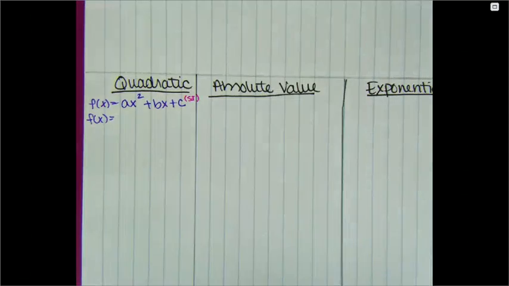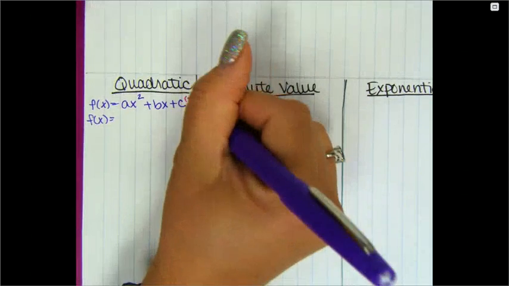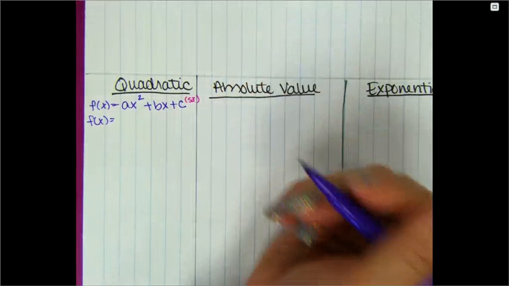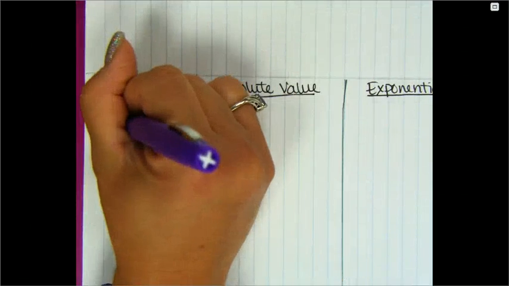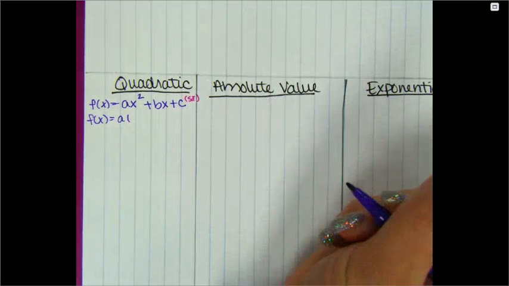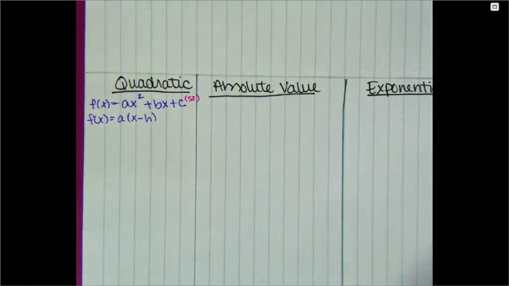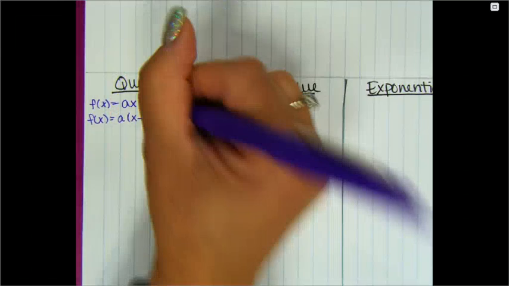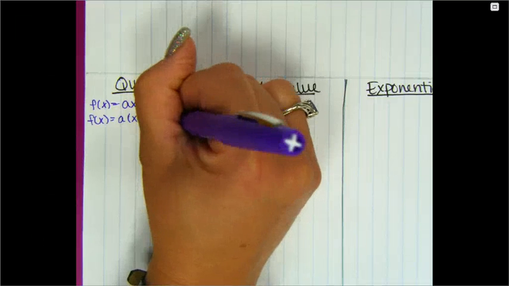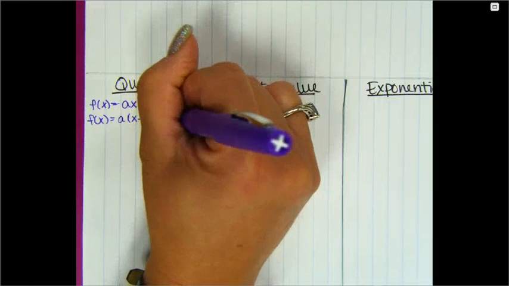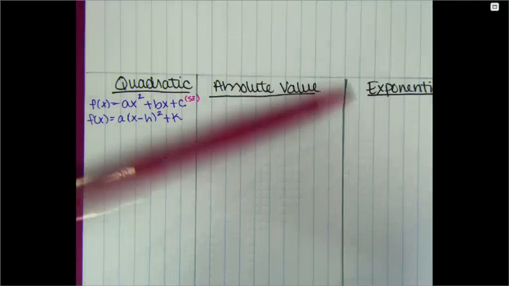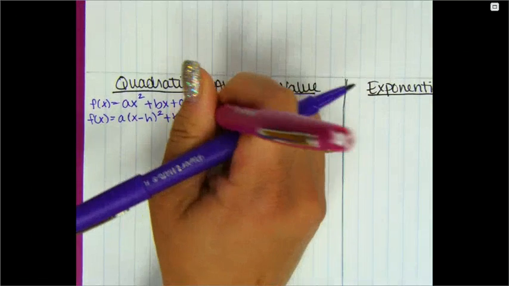All right, standard form is what? Oh, not standard form. That's standard form. Then we need what? Intercept. So what's intercept? Times? You want to do vertex form? X minus h squared. What goes next? Plus k. That is vertex form.